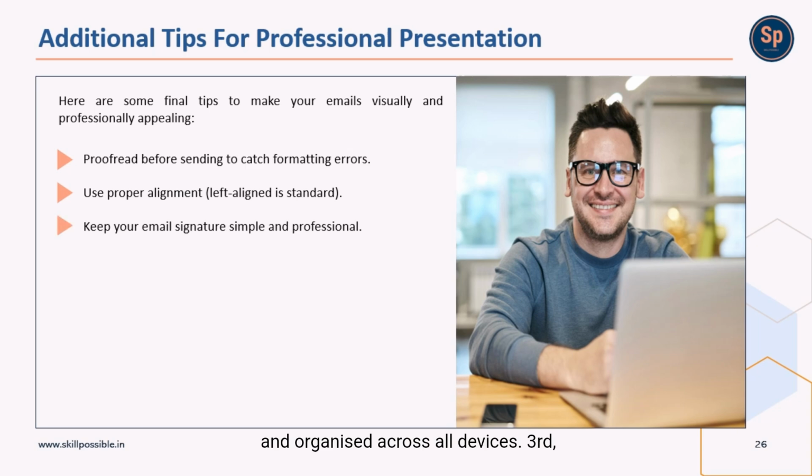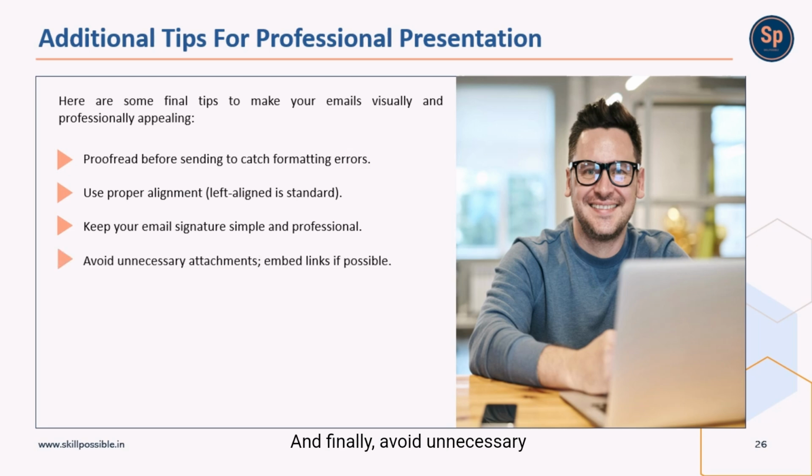Third, keep your email signature simple and professional. Include only what's necessary: your name, role, organization, and contact details. Avoid adding quotes, images, or decorative elements that can clutter the email. And finally, avoid unnecessary attachments. Large or irrelevant attachments can be inconvenient for the recipient.